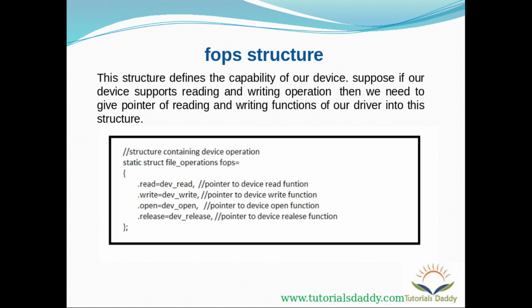The third thing is open. Open call is used to open the device connected to the system. And then you have release. Release function will be used for releasing the device. It means ejecting the device from the system, you can say it that way.